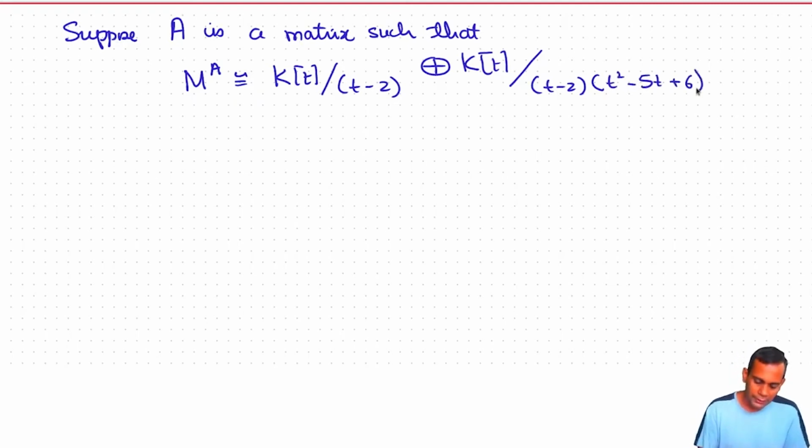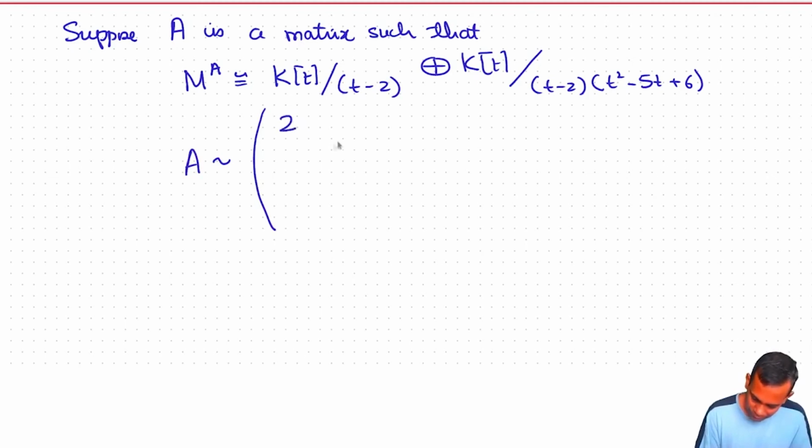So this is basically giving us the rational canonical form of the matrix. So it's saying that A is similar to 2, and then there's this 2 by 2 block here, 0, 1, minus 6, 5.